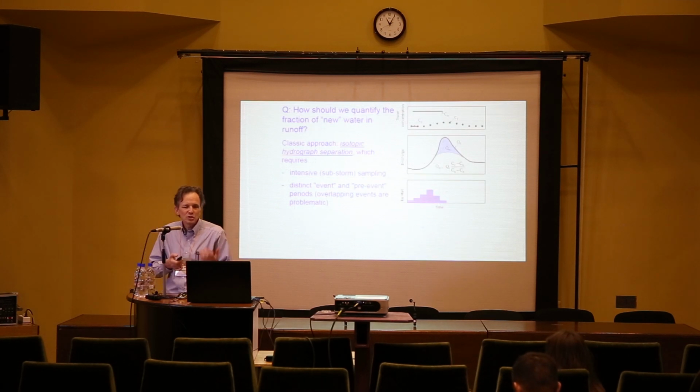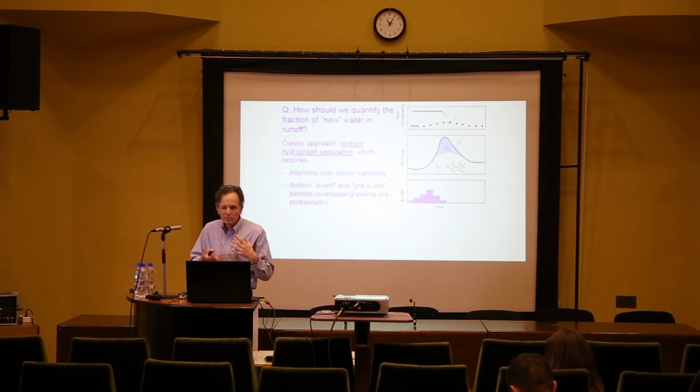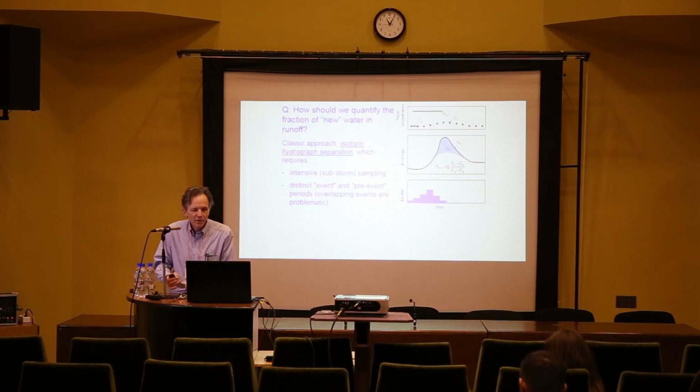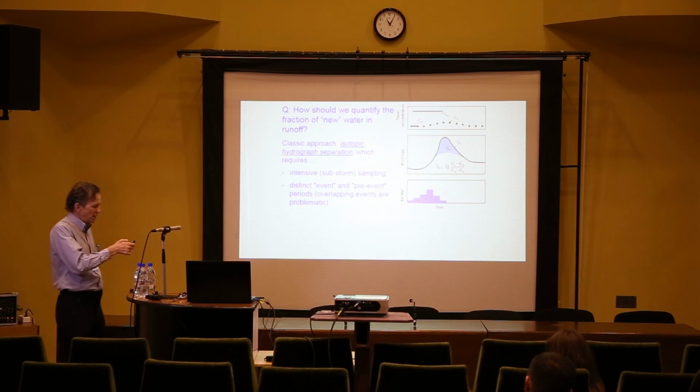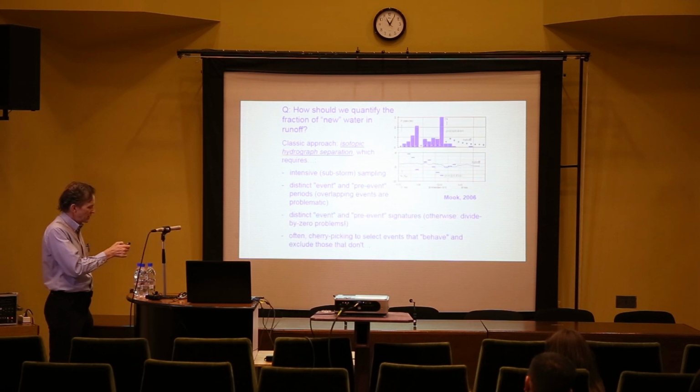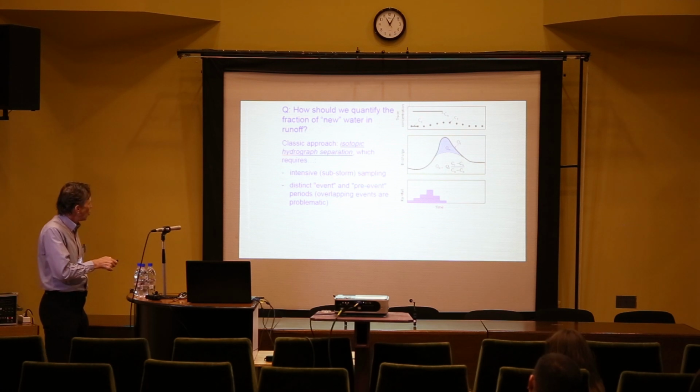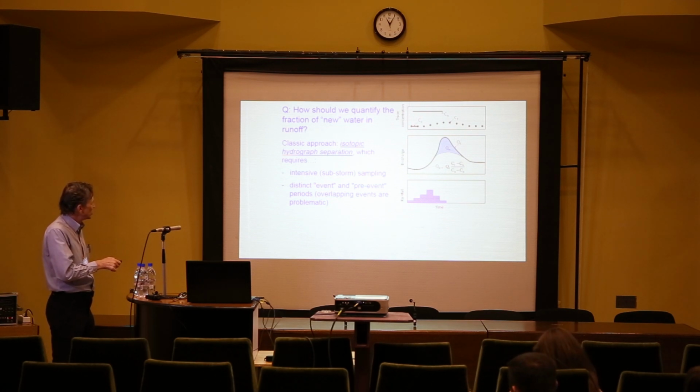But this led to the question, how can we think about data like this? The conventional way to think about this is through hydrograph separation, to say that we have an old water component, which is represented by stream flow before the rain started.